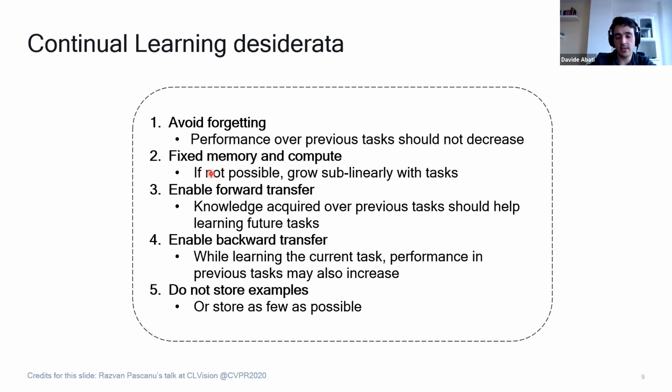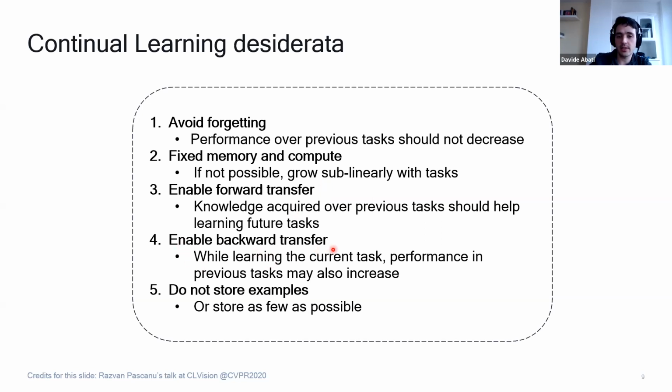The third one is whether your model should enable forward transfer or not. Forward transfer is if I learn task 1, then I learn task 2, and the knowledge that I have from task 1 will be useful for learning task 2. In that case, we have forward transfer. So knowledge acquired over previous tasks is helpful for learning future tasks. On the other hand, we have backward transfer.